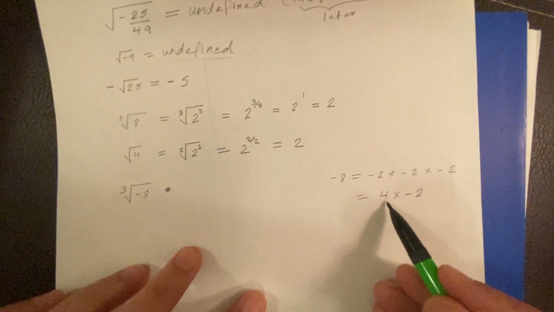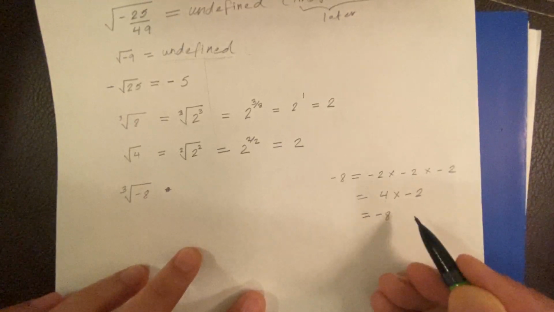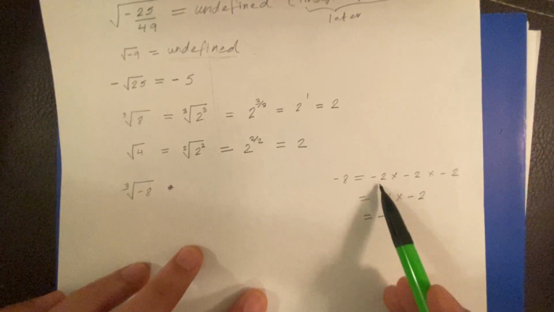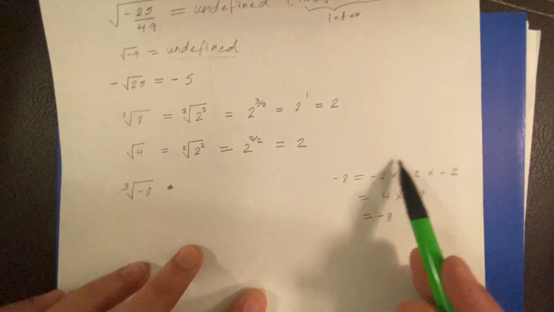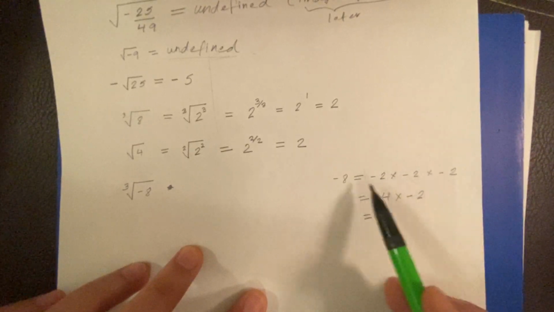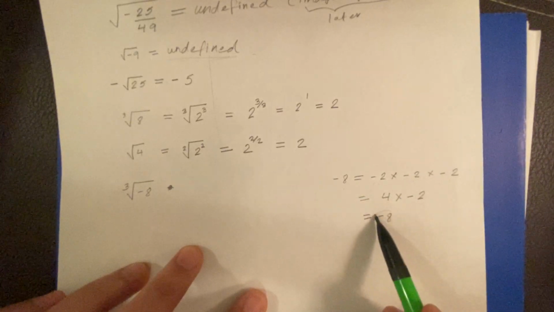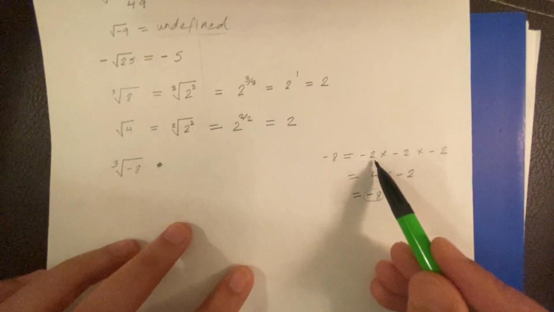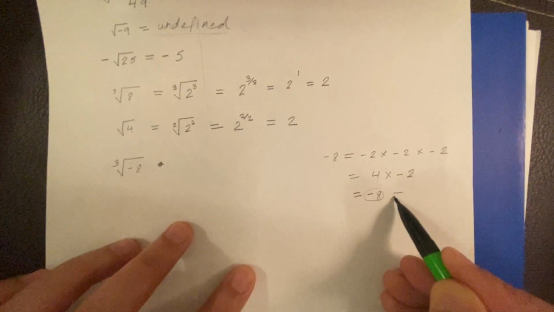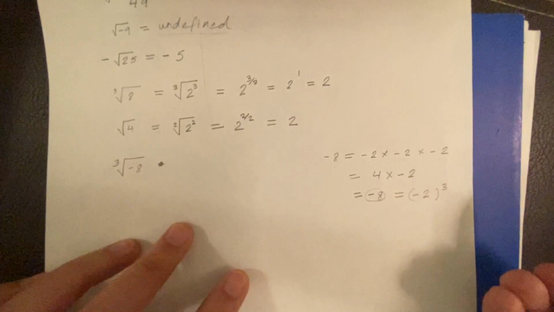And again, 4 and -2 is -8, right? So that means if we multiply this -2 three times, like we did here, -2 times -2 times -2, it's -8. That's what we got here. So -8 is also, since we have this -2 three times, we can also say -8 is equal to -2 to the power 3, right?